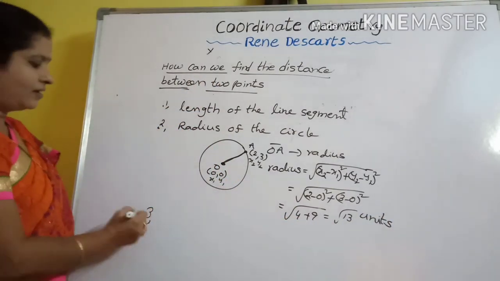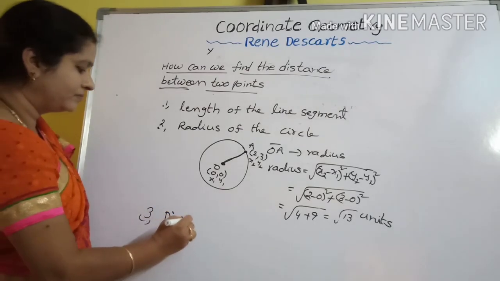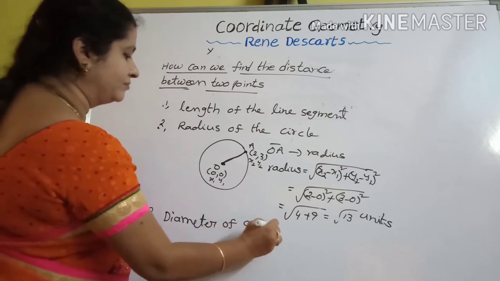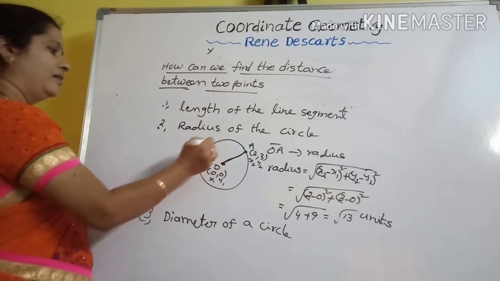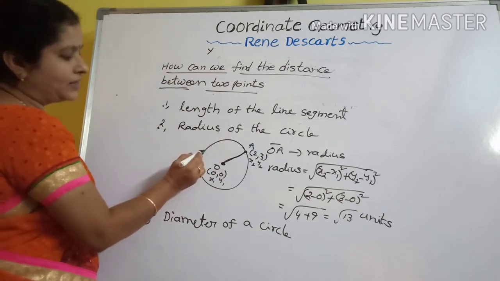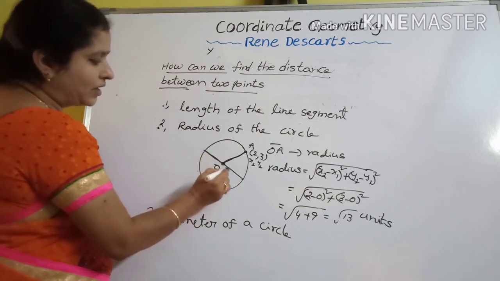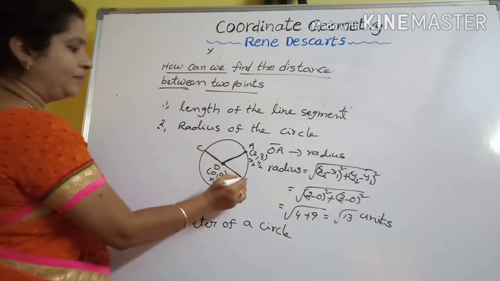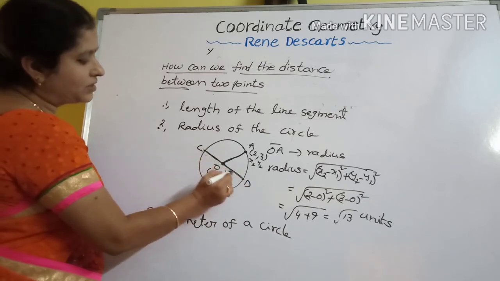In the same way, we can easily find the diameter of a circle. Diameter means it is passing through the center. So the line passing through the center is called the diameter. Let it be some CD. So CD is the diameter of the circle.